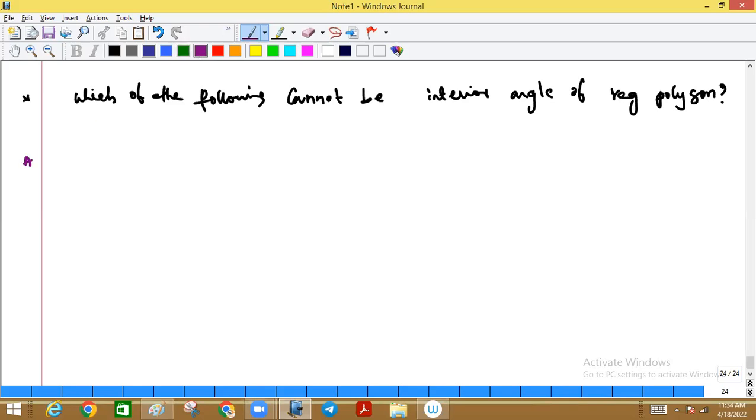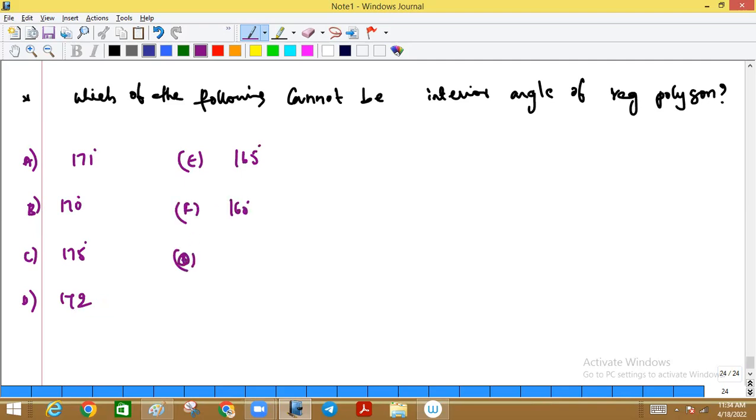A 171, B 170, C 175, D 172, E 165, F 160, G 155, H 150.